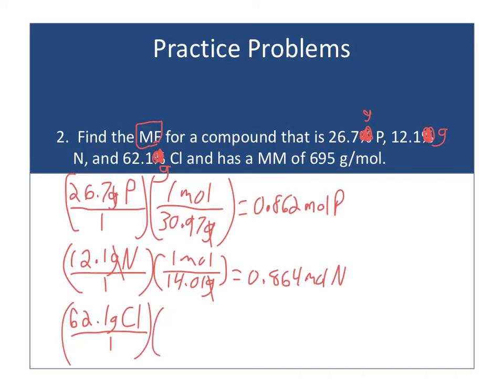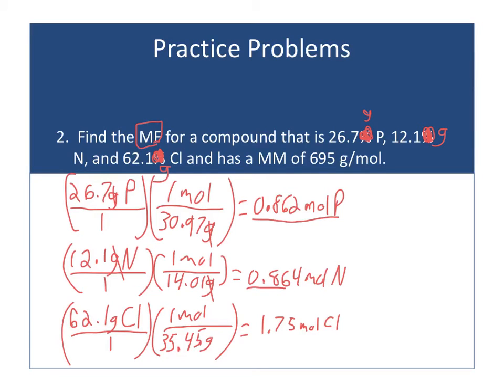And finally, I go in and I convert my chlorine. Chlorine's formula mass is 35.45 grams in 1 mole. 62.1 divided by 35.45 is 1.75 moles of Cl.